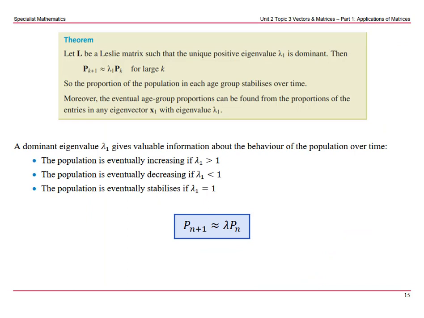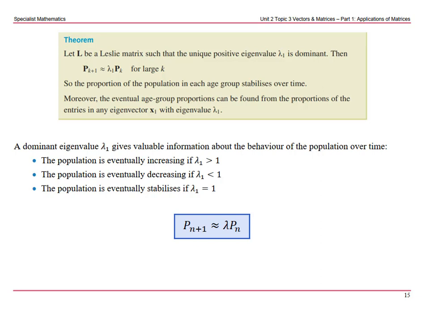Now from this, we have a quite important theorem. Let L be a Leslie matrix such that the unique positive eigenvalue lambda is dominant, then p k plus 1 is approximately lambda 1 times p of k for large k. Now, note it is for large k. These kinds of stabilizations, the stable growth rates, don't happen for a while, as we have noticed.